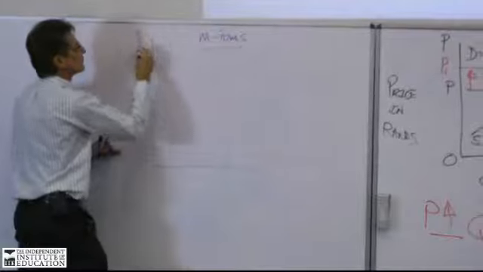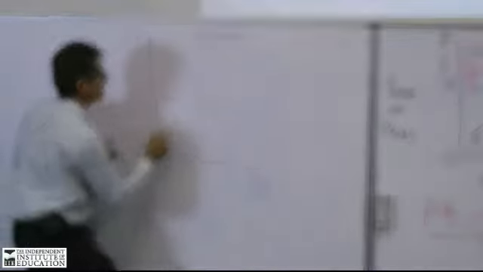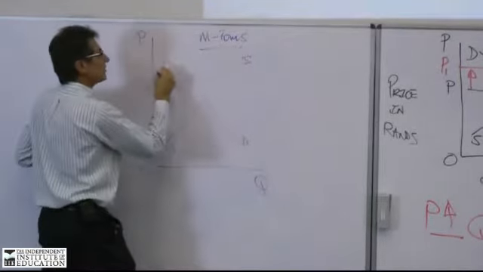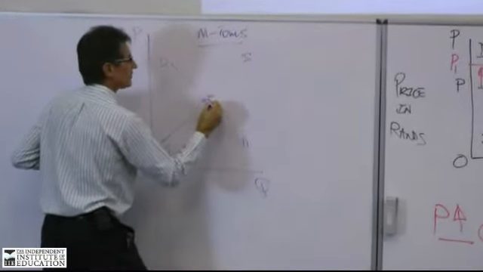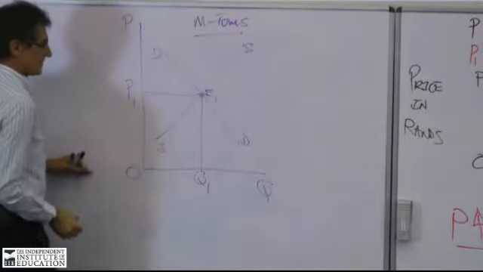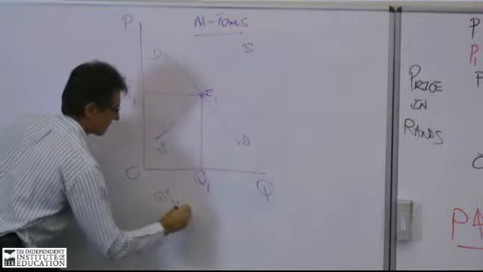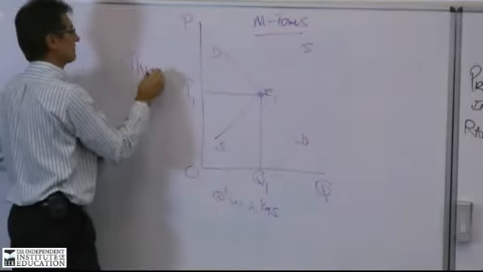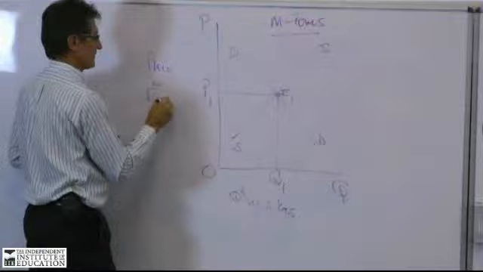So the market for tomatoes: draw up our axes, supply curve, demand curve, equilibrium position, quantity in kilograms, price in rands.